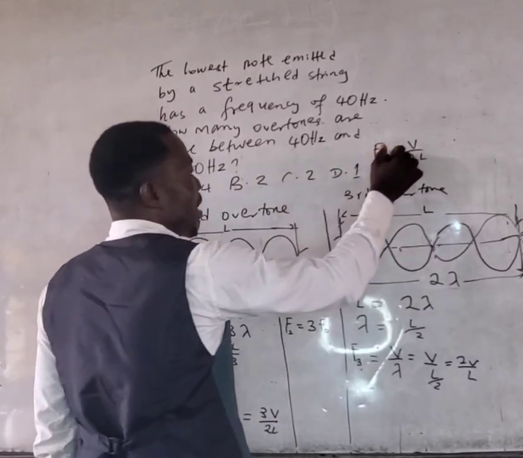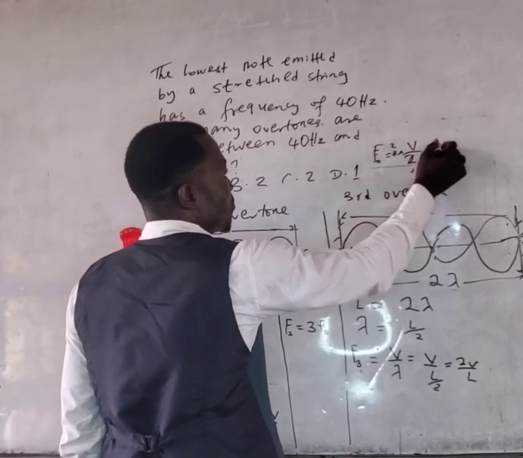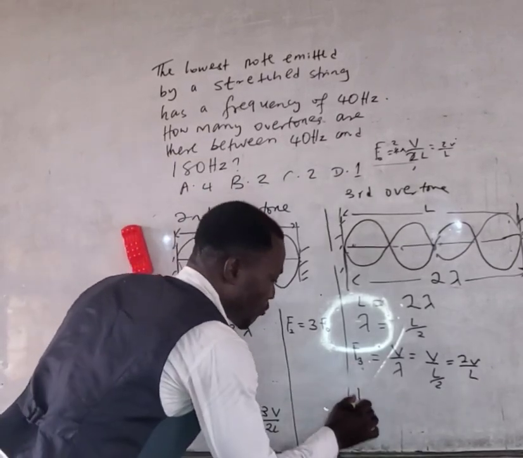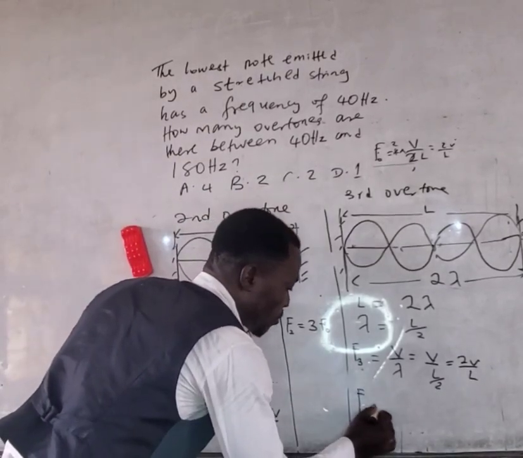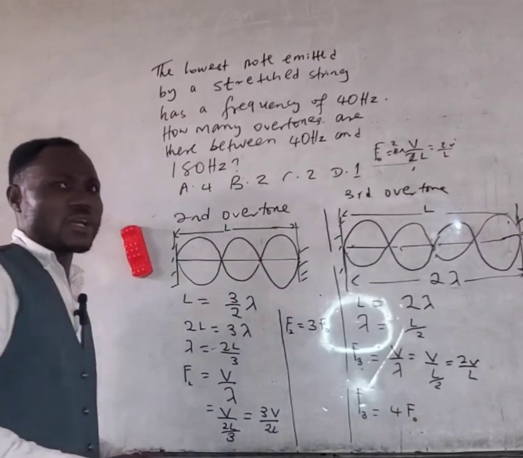If I multiply this by 4, 2 takes up this, 2 takes up this, and that gives us 2V over L, which is what we have here. Therefore, the frequency of the third overtone is equal to 4 times the fundamental frequency.